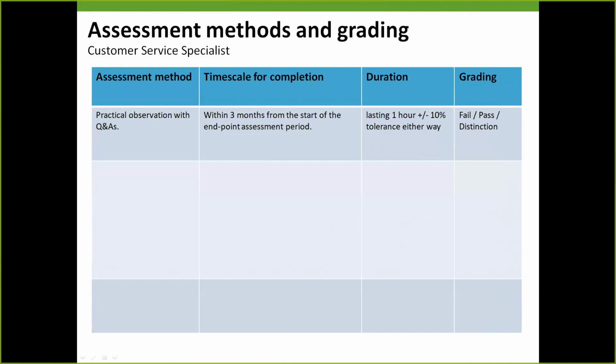The observation can be, for example, before or after they submit a work-based project, but it's recommended that the observation is not before the professional discussion. So it's very interesting to see the differences between customer service practitioner and customer service specialist in this particular observation method, one with Q&A and one without.